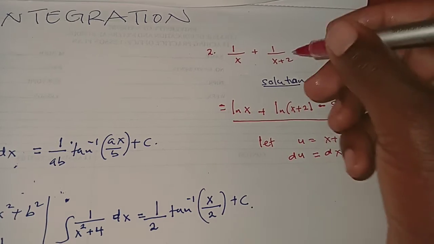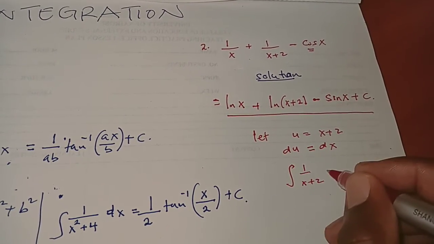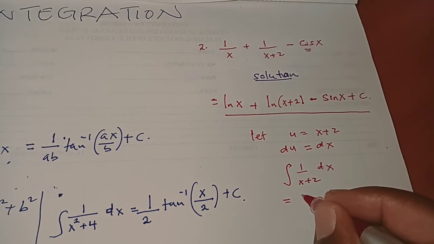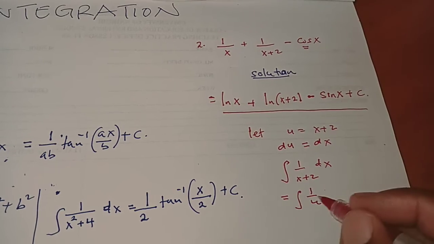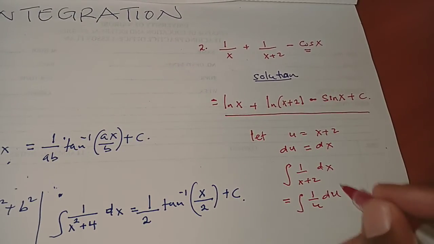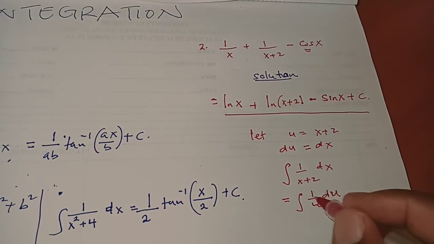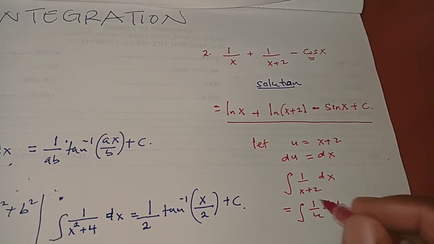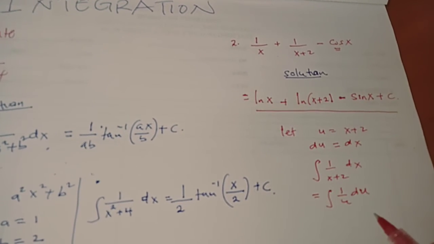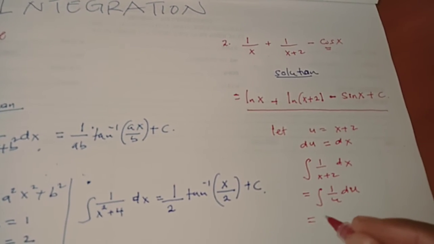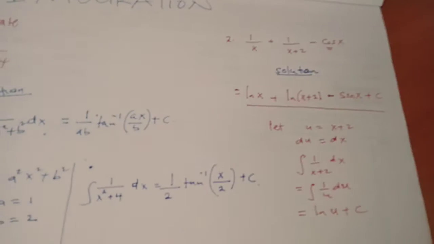So when you're integrating 1 over x plus 2, dx is the same as the integral of 1 over u du. And when you have a fraction like this, 1 over something, the antiderivative of that is natural log of that. So this becomes a natural log of u plus a constant.